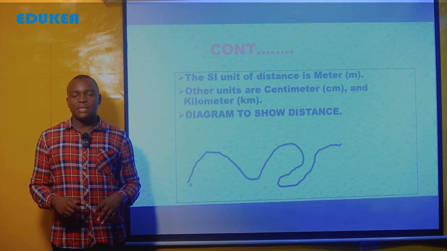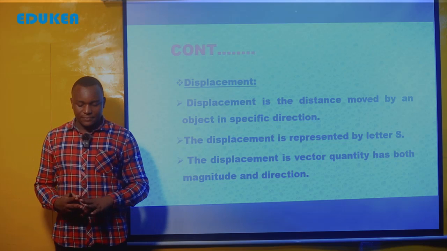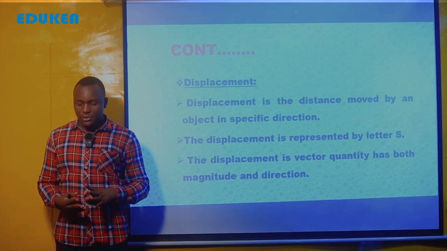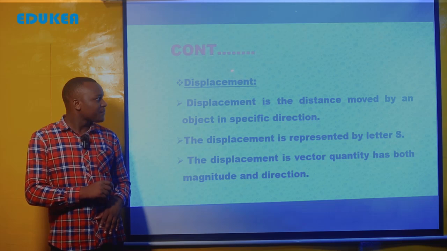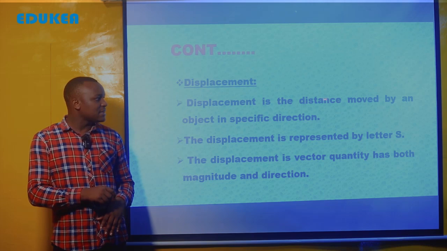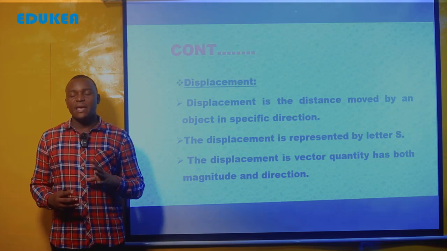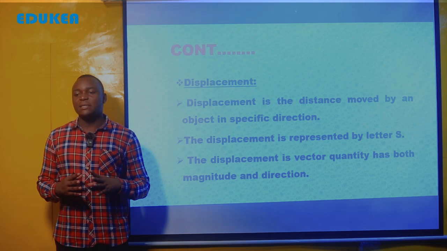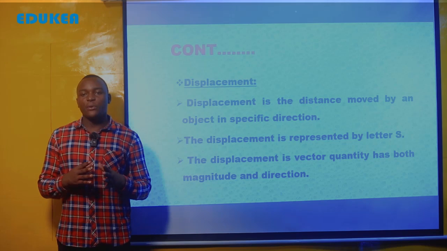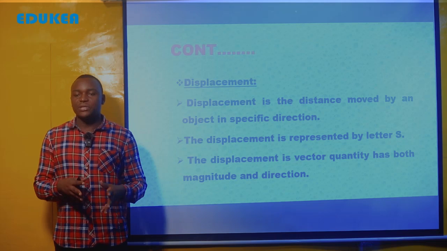But when we talk about displacement, we mean that displacement is a distance moved by an object in a specific direction. Mjongeo uliofanywa na kitu katika uelekeo unaojulikana, specific direction, huo mjongeo tunaita ni displacement.